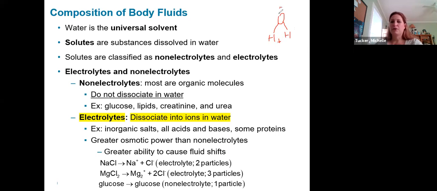By having these partial charges, it allows it to interact with the ions that are in solution, as well as if another molecule is also polar, it can work with that one. Water can pull molecules apart because opposite charges attract. So if a molecule has a negative side, then it can start to pull with the positive side, and the reverse happens as well.